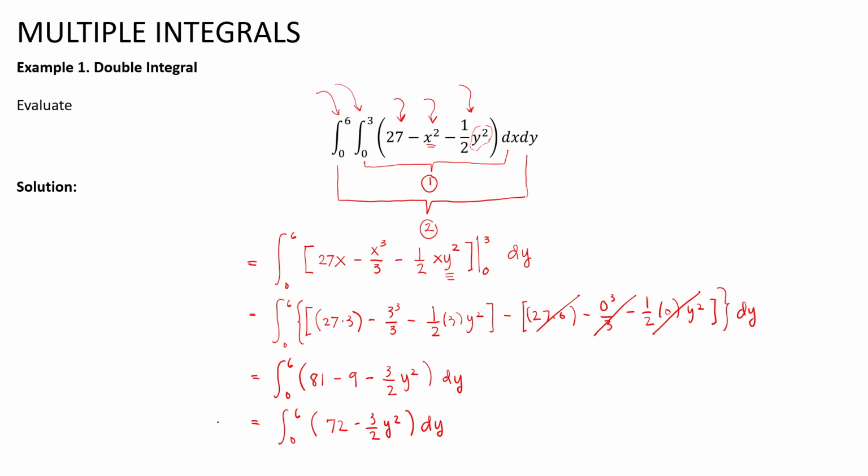At this point you can use your calculator, because the unknown parameter is only one variable. The answer is 324.